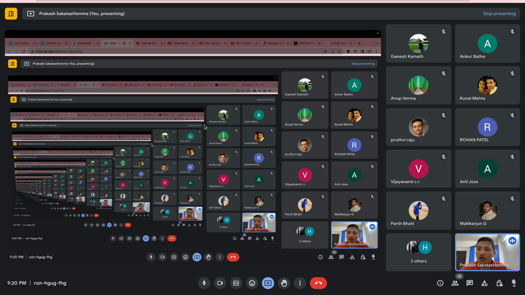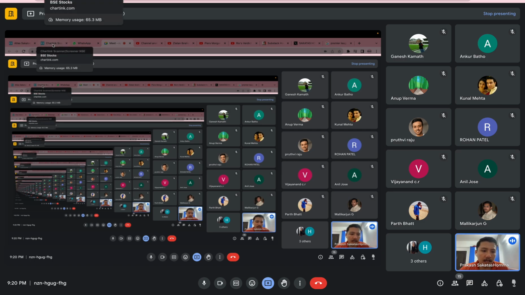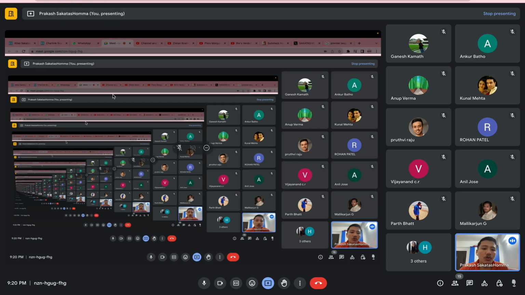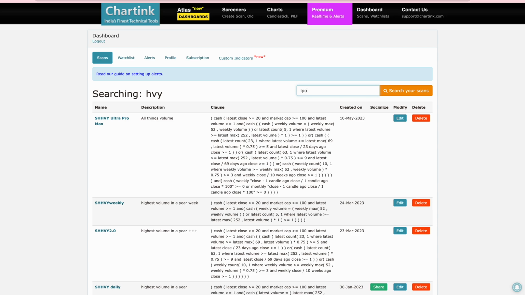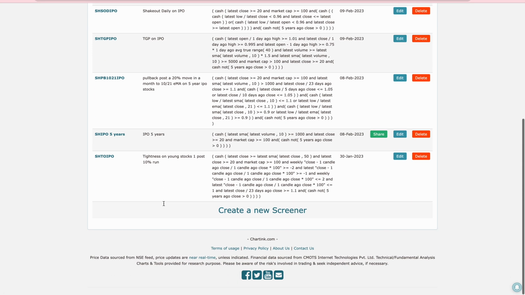So how you start is you run a scanner which will only show you stocks which have been recently listed, and this will only work in NSE. Okay, and I'll share the scanner later.